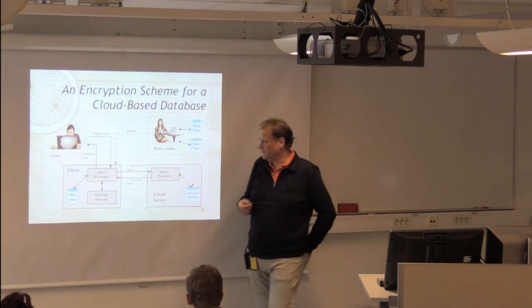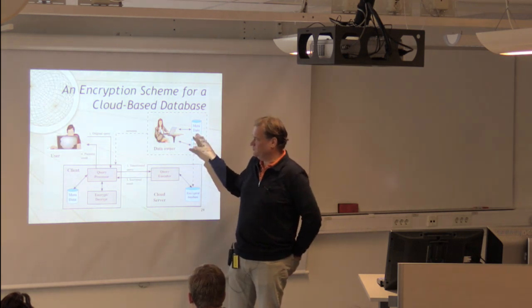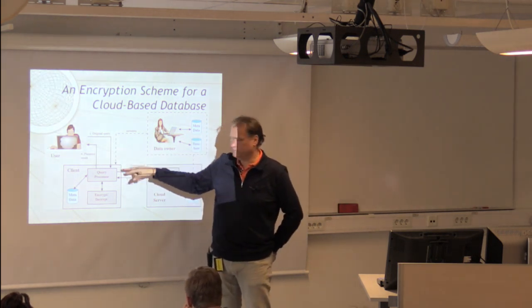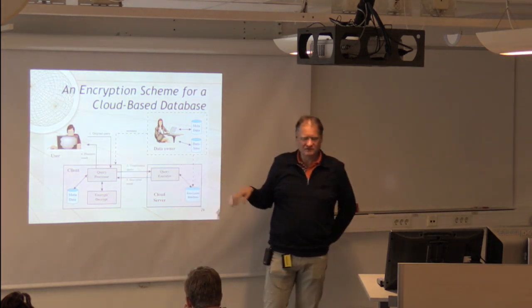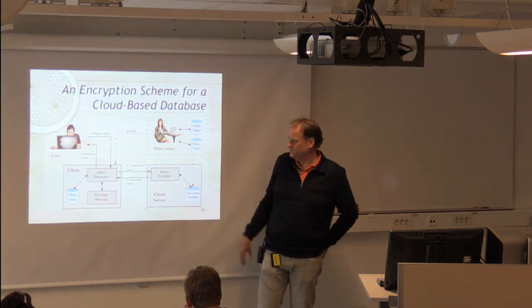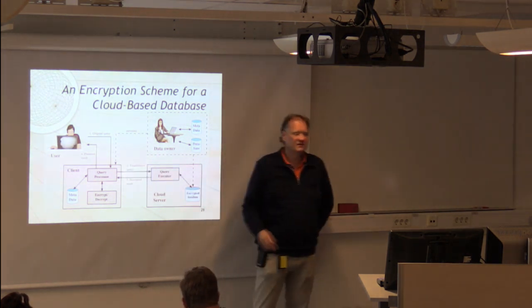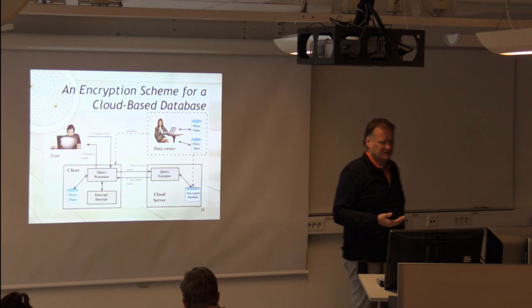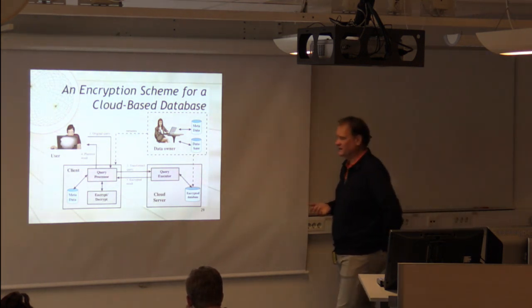So how would that happen? Well, they get this metadata from the data owner. They can do different queries, but the queries couldn't be run directly because the data is encrypted. So what we do then is we have this query processor who reforms a question into a database management question that can be run on encrypted data.